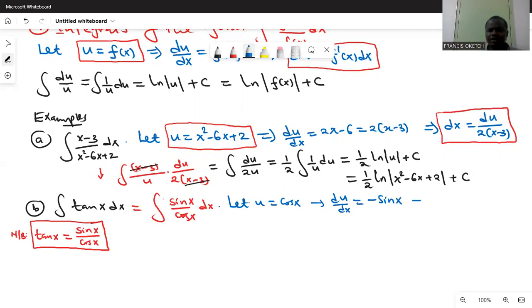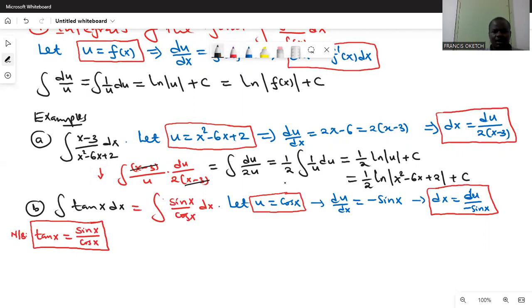You can make dx the subject: dx is equal to du over negative sin x. So let me bracket these substitutions. u is equal to cos x, and dx is equal to du over negative sin x.